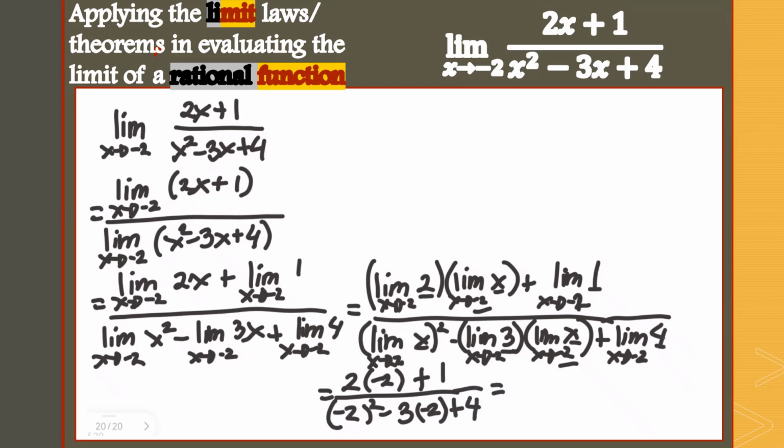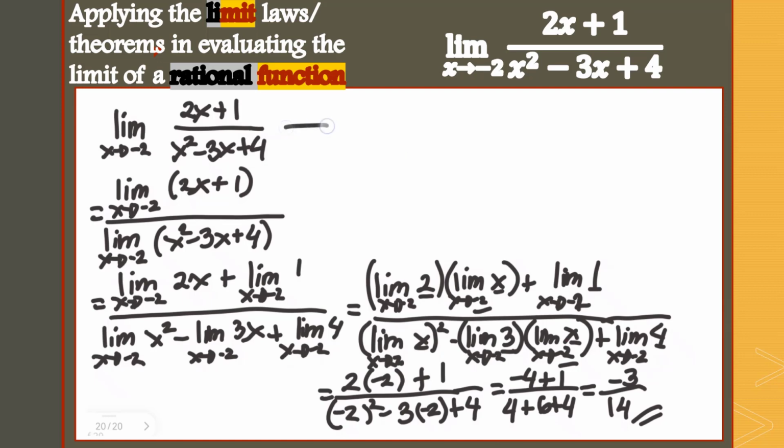So we have here negative 4 plus 1 for our numerator. This is positive 4, positive 6 plus 4, right? Equal to negative 3 over your denominator, which is 14. So that's the result for our limit of this rational function using the other limit theorems.